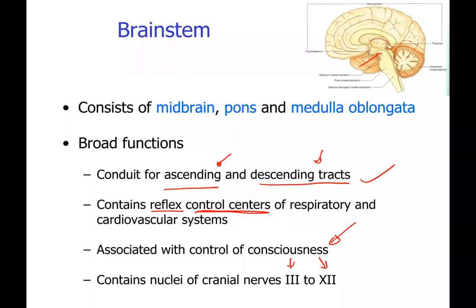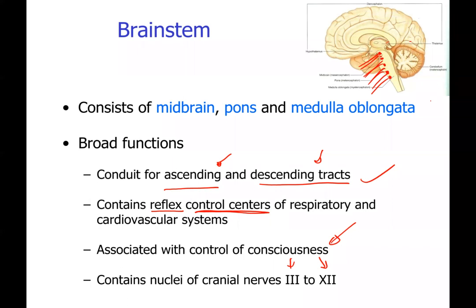Some arise from the midbrain, some arise from the pons, and some from the upper and lower medulla. So except the first two pairs, all other cranial nerves from 3rd to 12th pairs arise from the brain stem. When I say they arise from the brain stem, you can understand that the cell bodies of all these neurons of cranial nerves that come out from the brain stem will be there in the brain stem.